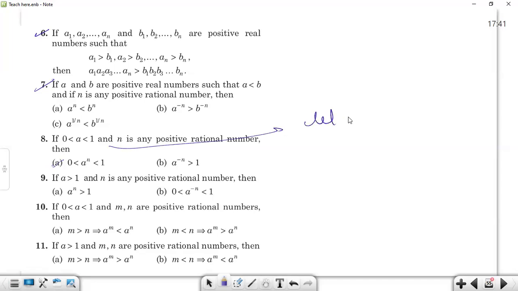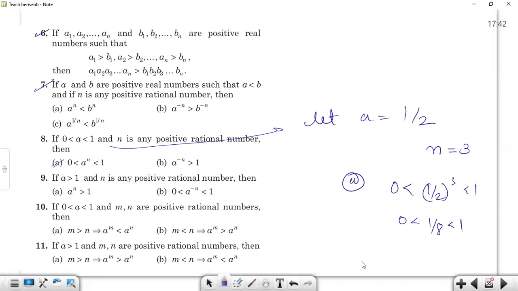Let a be half, and n be 3. So in the first case, a half raised to power 3 is less than 1. Yes, it is true: 1 by 8 is less than 1. Property B, half raised to power minus 3, is going to become more than 1.